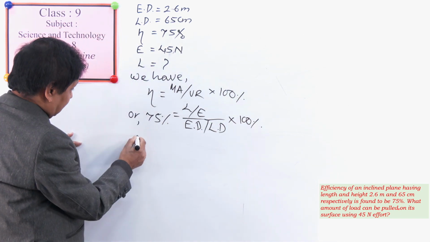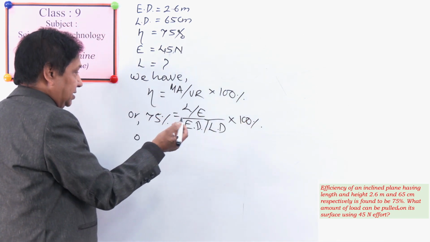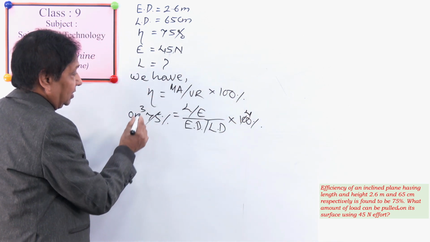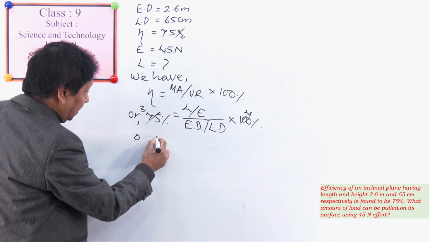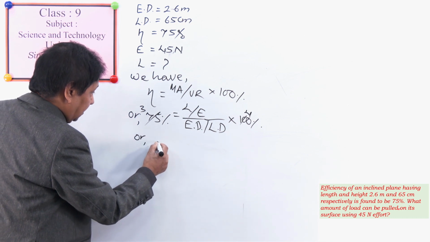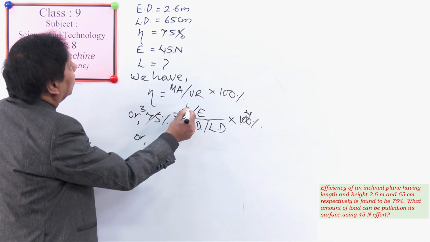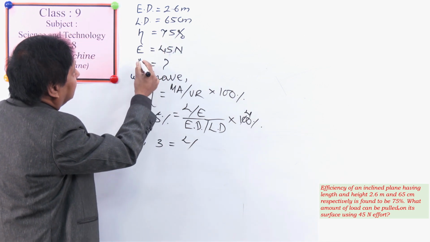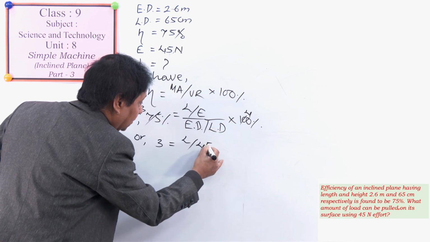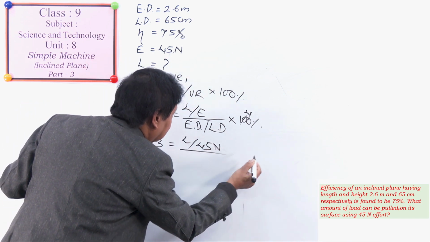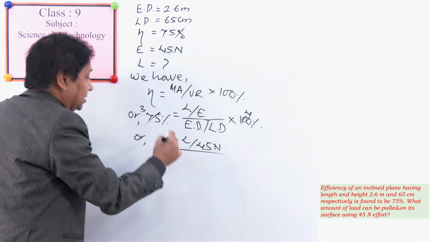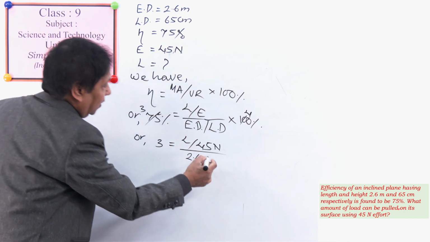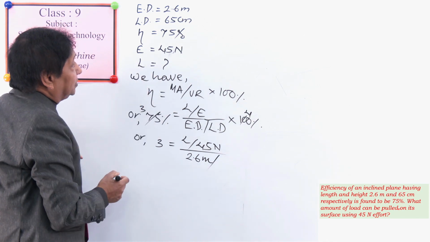Okay, we are writing values. Now this percentage cancels. 25 3s are 75, 25 4s are 100. Here is 3, there is 4, and 3 over 4 is equal to load, we have to calculate, and effort is given here 45 Newton, and in the denominator we have effort distance 2.6 meter and load distance also given 65 centimeter.